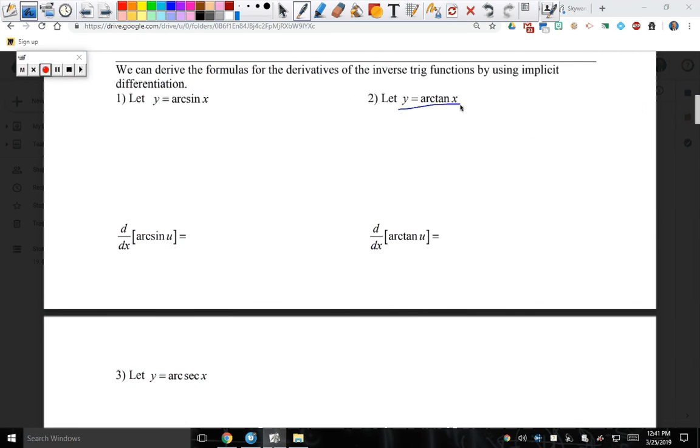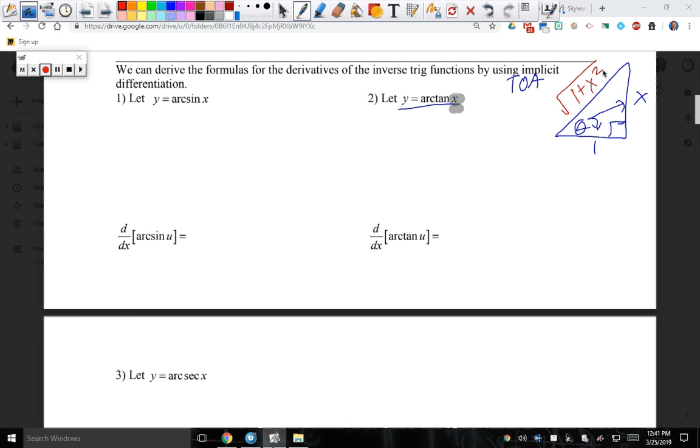The derivative rule for arctangent is this. First of all, let's build the triangle, and we know it's x over 1. So opposite, because it's TOA, is x over 1. What's the missing side? Hypotenuse, which is the square root of 1 plus x squared. Questions?